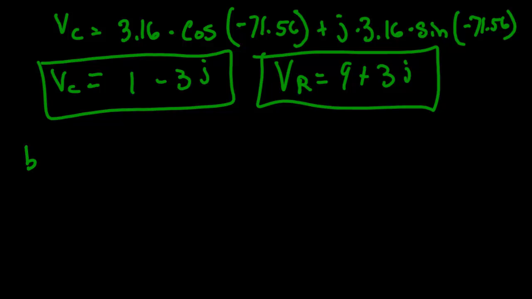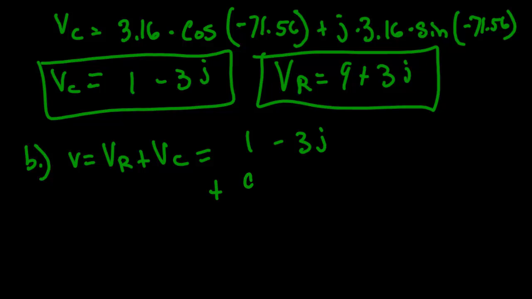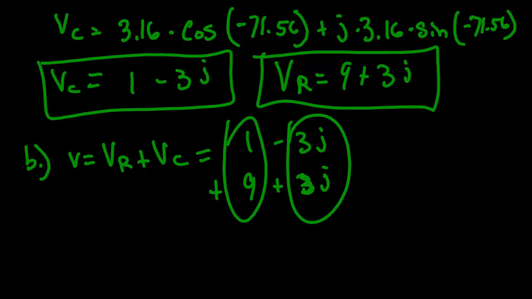So now for part B, we have V equal to VR plus VC, right? So this is just equal to 1 minus 3j plus 9 plus 3j. The reason why I wrote it like this was just to show you that we add up our real, we add up our imaginary.